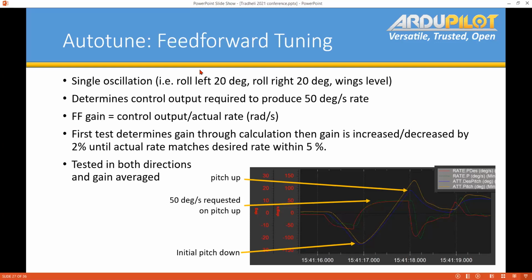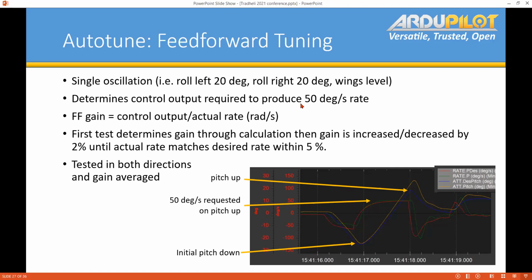So now with the different tuning types, the feed forward, like I said, is just a straight time domain type test. It especially involves a single oscillation where you're rolling, in this case using the roll axis: you roll left 20 degrees, you roll right 20 degrees, and you come back to wings level. Between the 20 degrees left and the 20 degrees right, you want the aircraft to produce a 50 degrees per second roll rate.